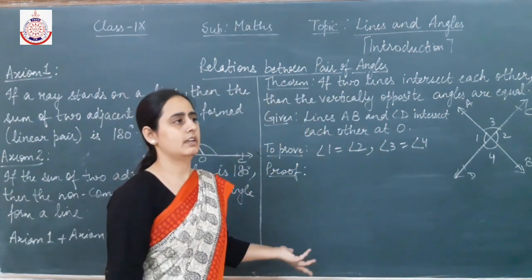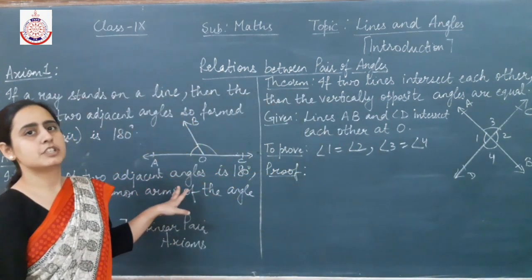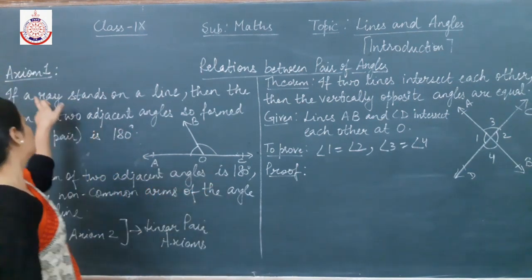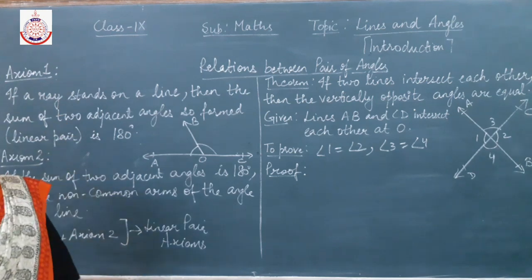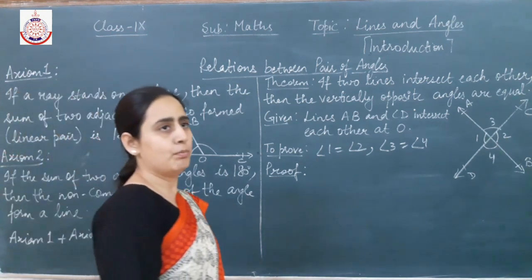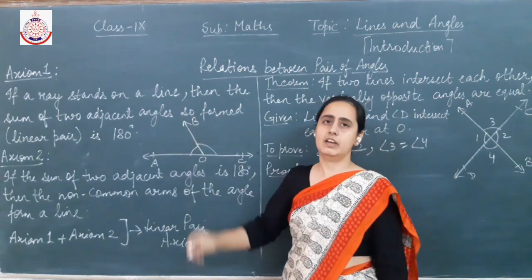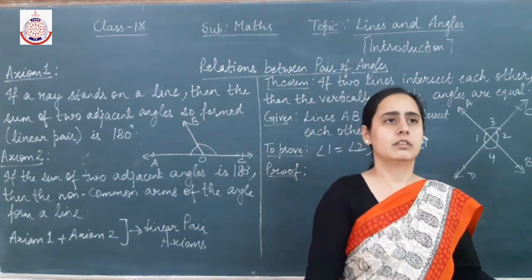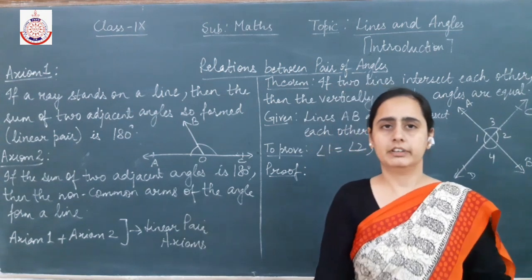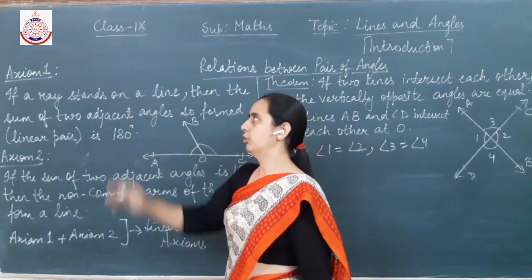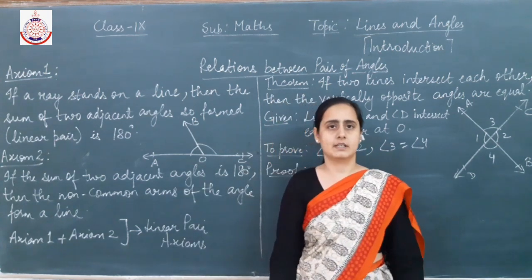An axiom is a result which we can use directly. We have no proof of this axiom. The statement which I have written is, you can say, a fact. No proof or demonstration is required for the result of an axiom.